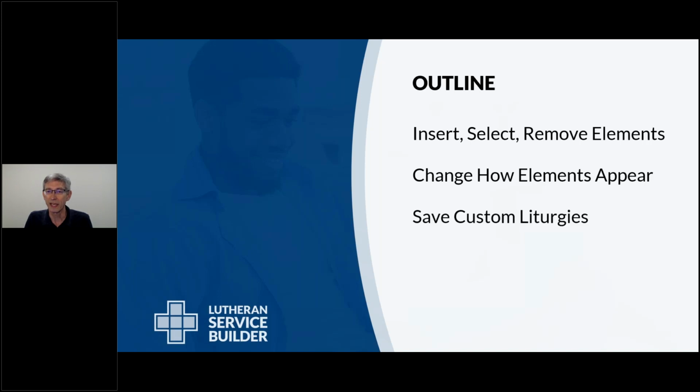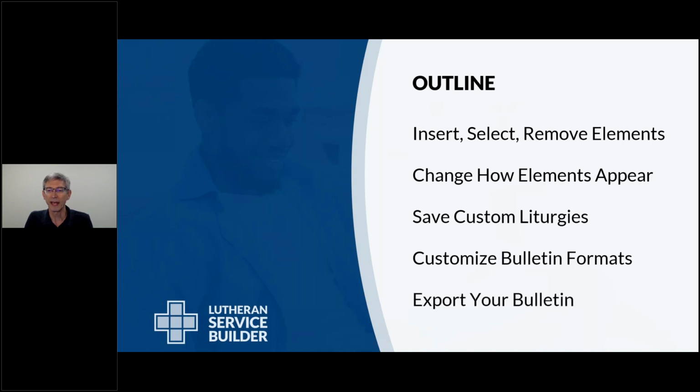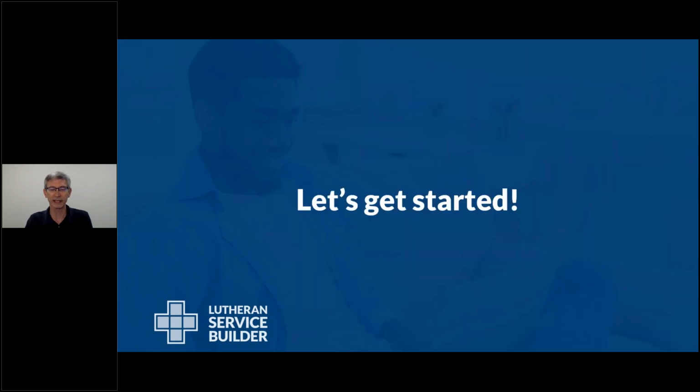We'll talk about saving custom liturgies. We mainly use the main 5 divine service settings, setting 1 through 5, but we'll talk about tweaking those and then saving that modified version for use in the future. Then we'll also talk about customizing bulletin formats for your use, and then exporting those bulletins to Microsoft Word. All right, so let's go ahead and get started.